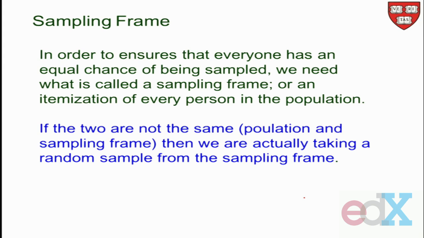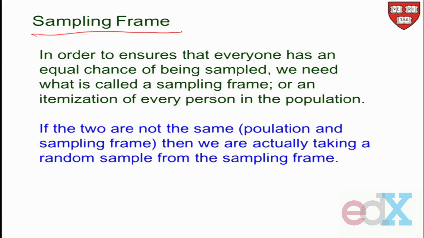Okay? Now, in order to ensure this long-run stability, we want to know that everybody in the population has an equal chance of being in the sample. That means we need what is called a sampling frame.